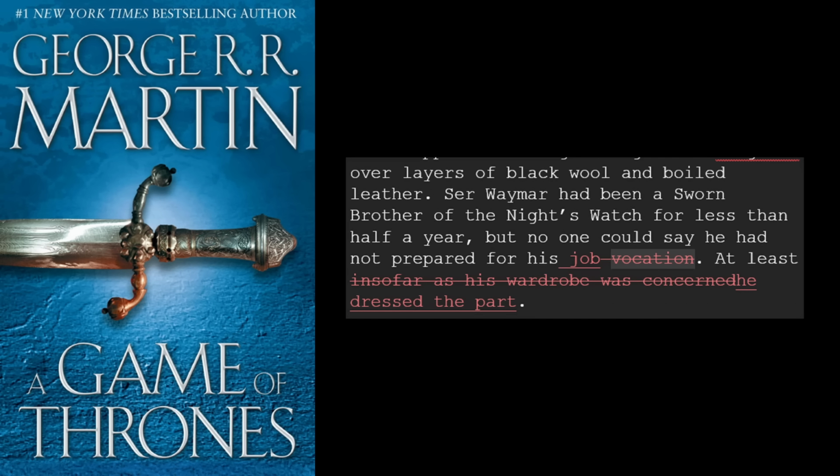You have some style inconsistencies later on. There's a section where they're talking about Sir Waymar Royce. As it reads now: Sir Waymar Royce had been a sworn brother of the Night's Watch for less than half a year, but no one could say he had not prepared for his vocation, at least insofar as his wardrobe was concerned. This is George's voice leaking through. It's too complicated for Will, who's supposed to be sort of dumb and lowborn.